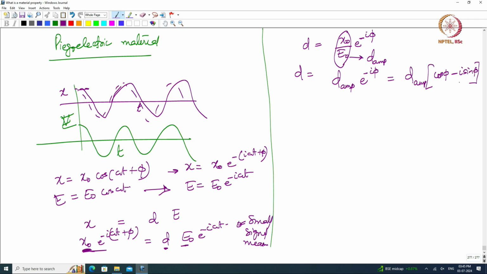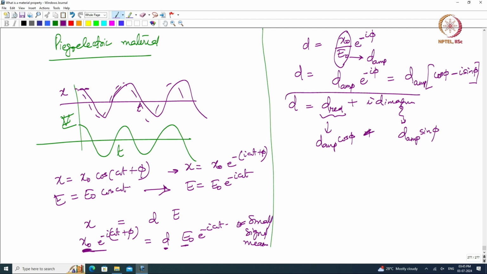All right. So, what do I have here? Now, d has a real part and an imaginary part. The real part is given as d amplitude cos phi, plus the imaginary part is given as d amplitude sin phi.